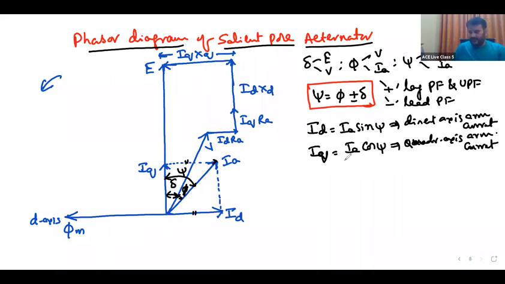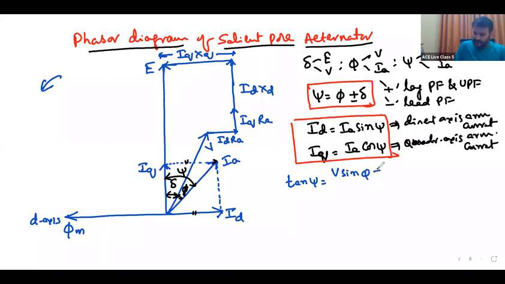Another important relation, remember that: tan psi is equal to V sin phi plus or minus IA xq, divided by V cos phi plus IA RA.